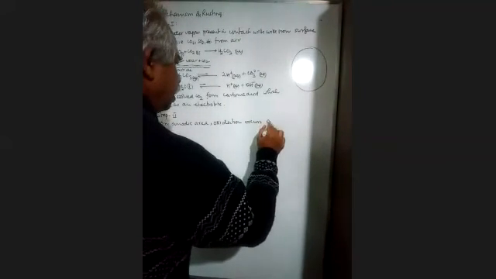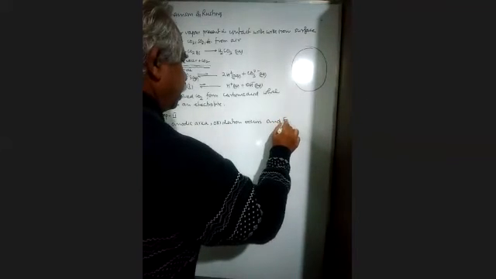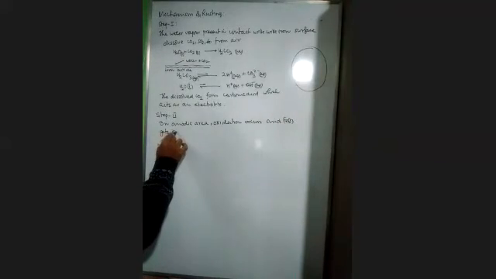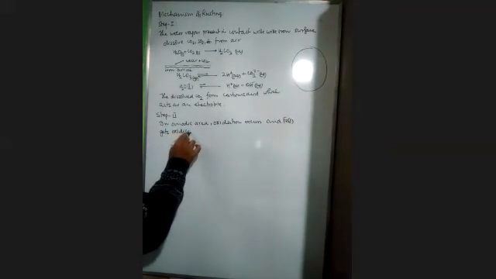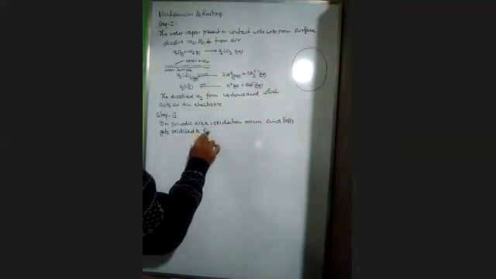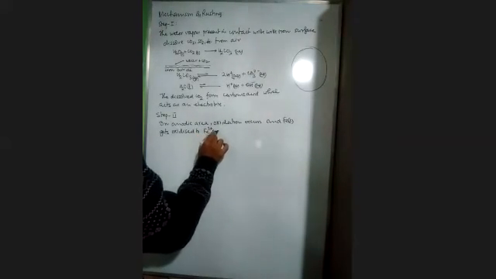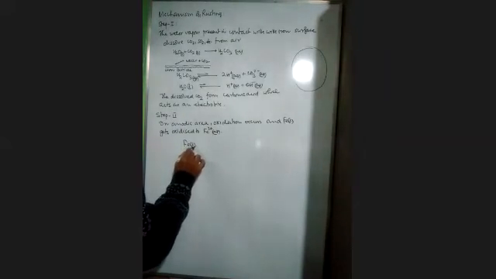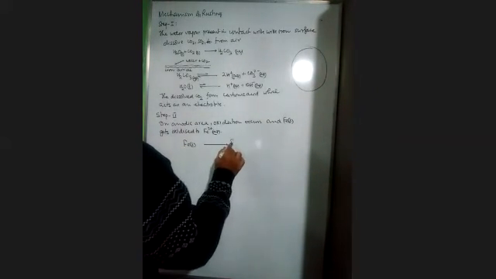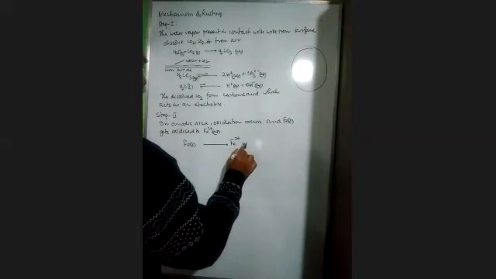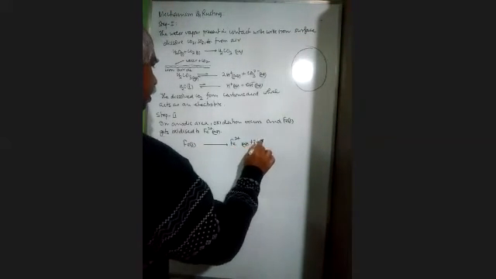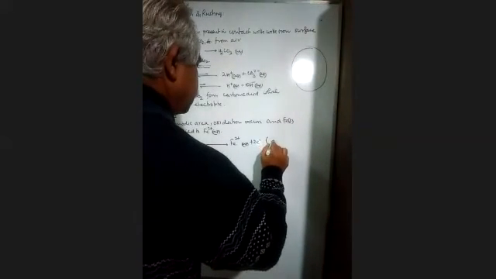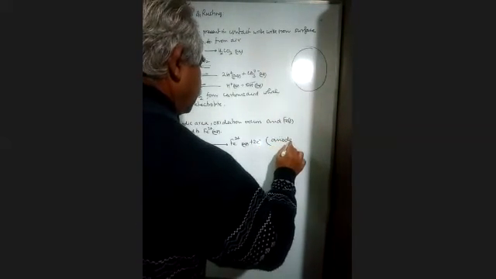And iron gets oxidized to Fe2 plus aqueous. So I'll write now here: Fe(s) gives Fe2 plus aqueous plus 2 electrons. Here I'll write anode.